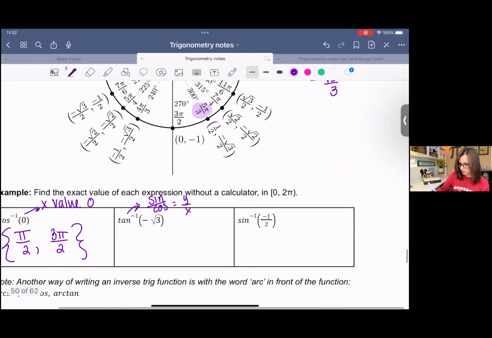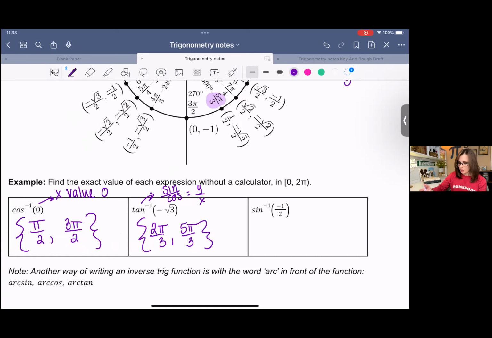So I have two answers, 2 pi over 3 and 5 pi over 3. And that's all we're looking for. Basically what's happening here is we're adding pi. That could be a little shortcut to find that second angle we're looking for.